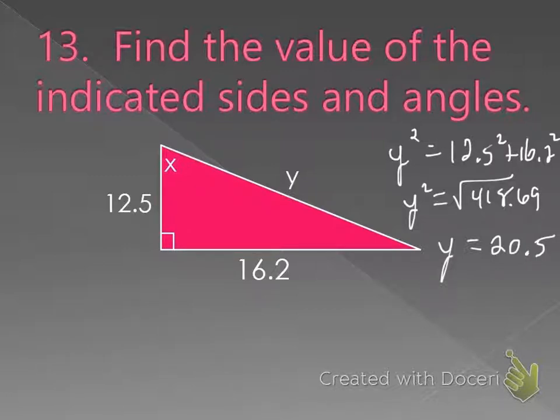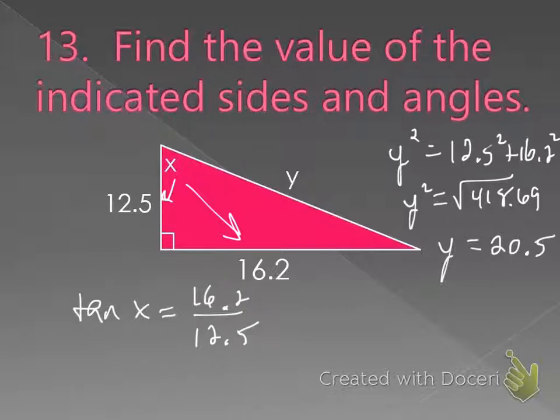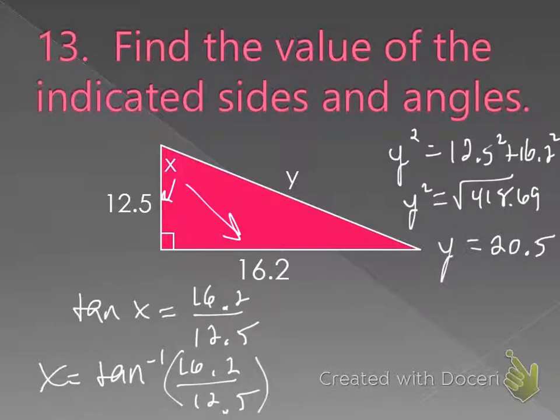Okay. Now, to find the angle measure x there, we have options. We have opposite and we have adjacent. I want to use the two sides that have been given. We could use tangent, or if you really wanted to, we could use cotangent. But I'll go into the more straightforward way and do tangent of x equals 16.2 over 12.5, and then understand I have to do the inverse to find the angle measure. So inverse of that fraction, and we can type it in just like that, right?